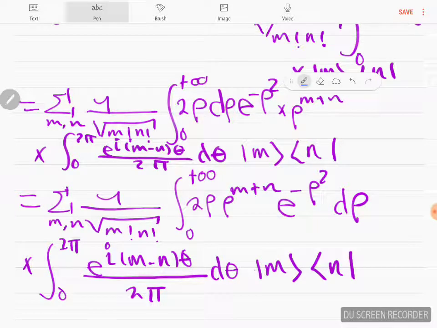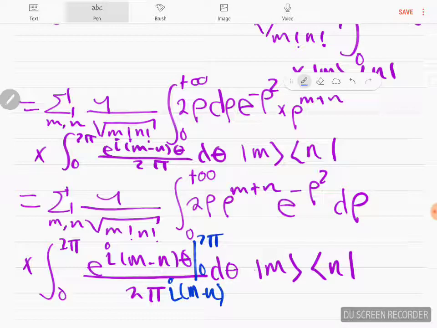Now let's do this quickly. This integral from 0 to 2 pi is nothing but this thing divided by i(m minus n), evaluated between 0 and 2 pi.